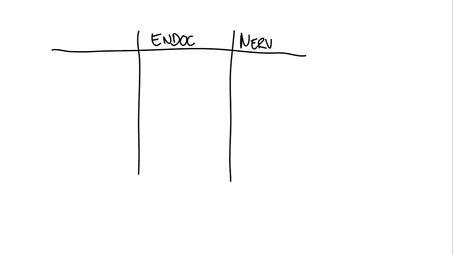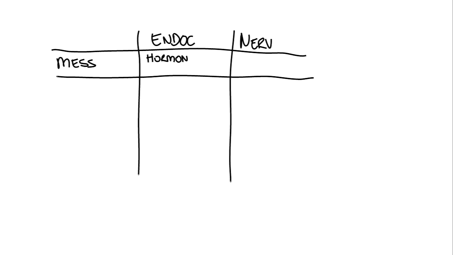Okay. So when these systems receive a message, that message in the endocrine system, if you remember, is a hormone. Okay. And that hormone is a chemical message. All right. And that hormone, it's important to note, is dumped into the blood. Okay. But what about the nervous system? What is its message?